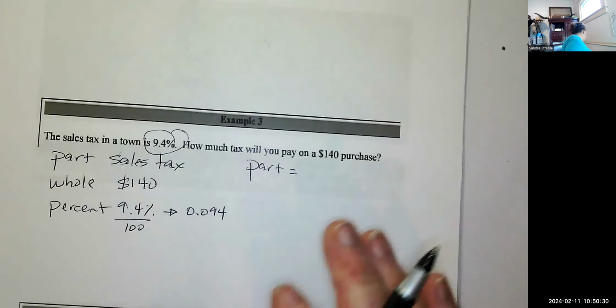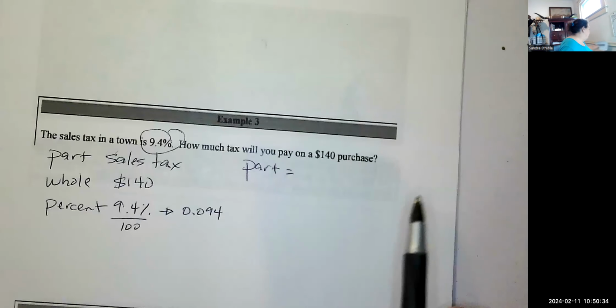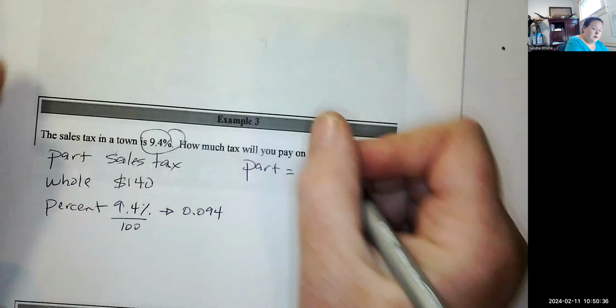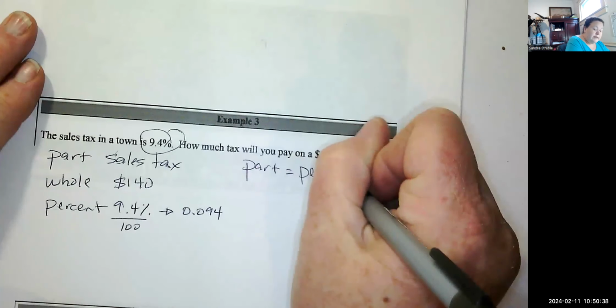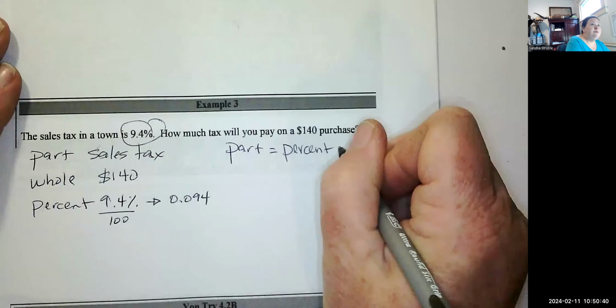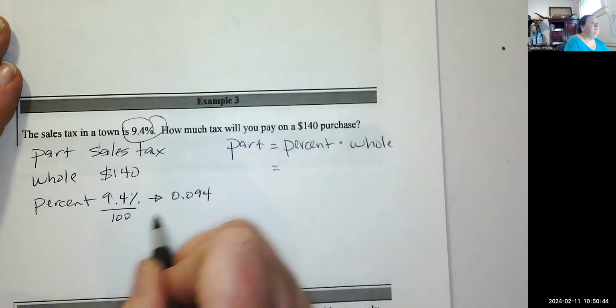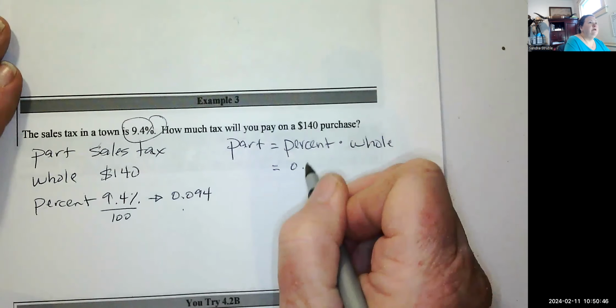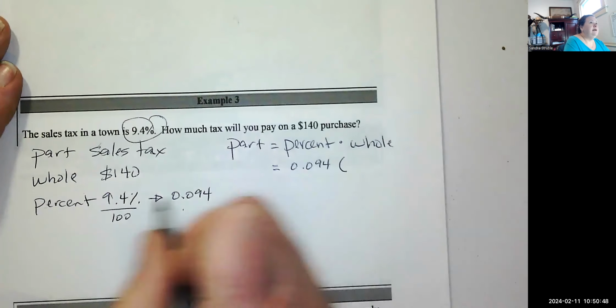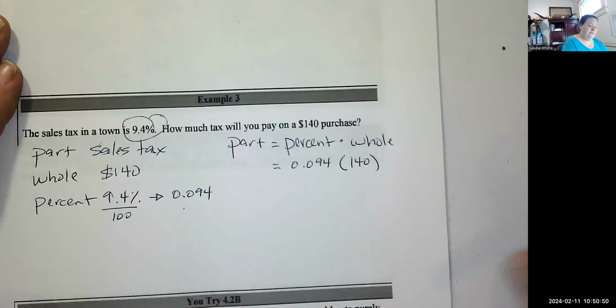Part is equal to, and I gave you a formula, percent in decimal form times whole. So my part is 0.094 times 140.